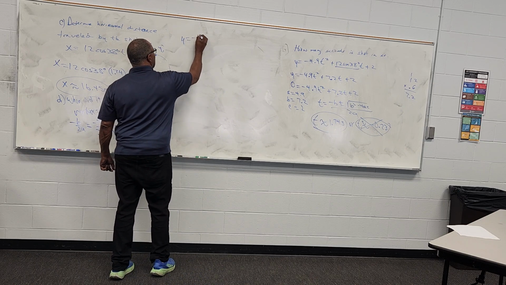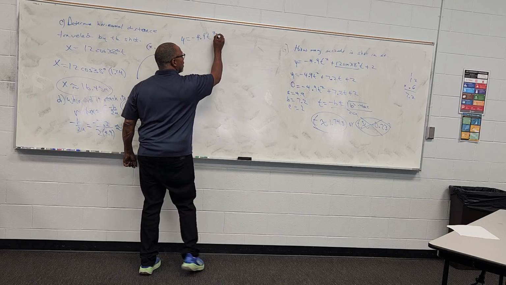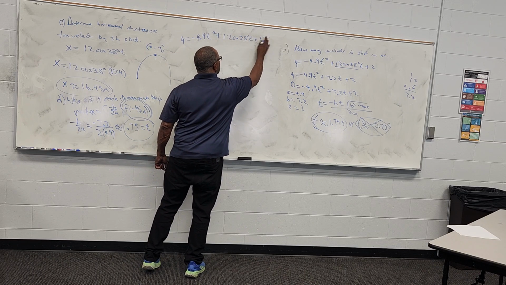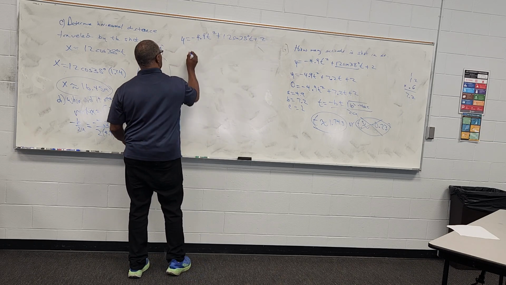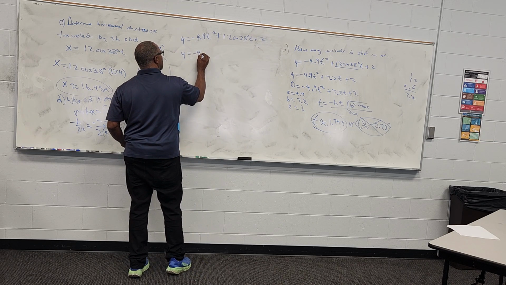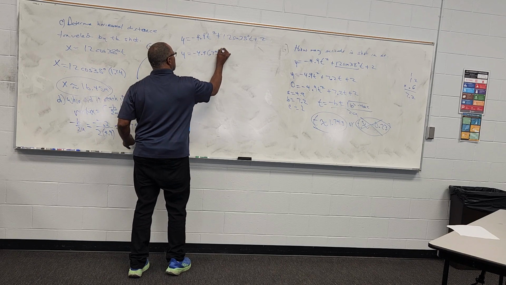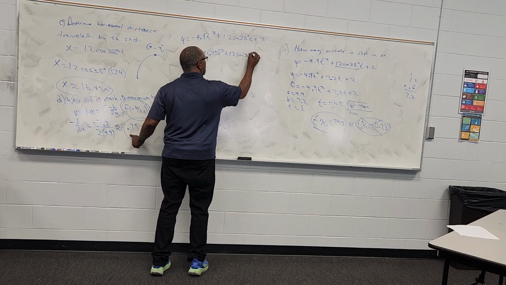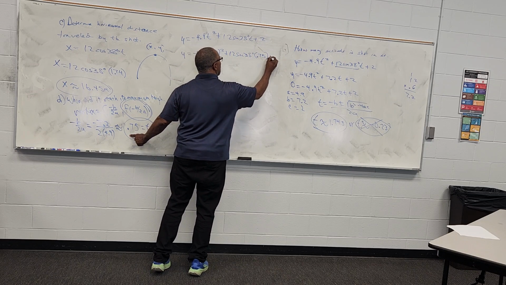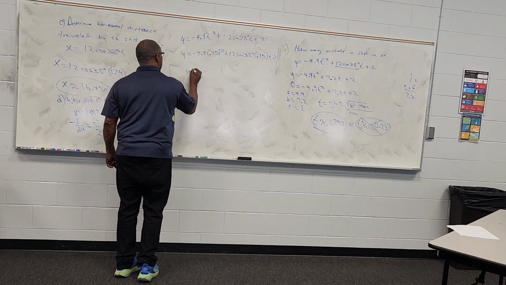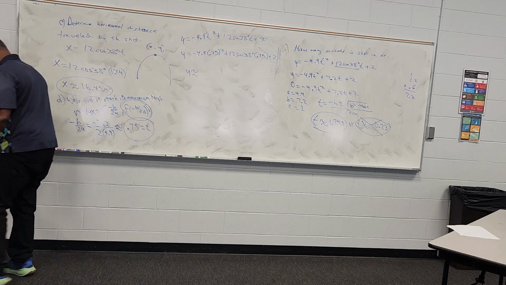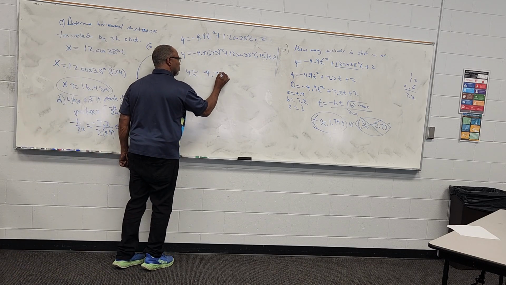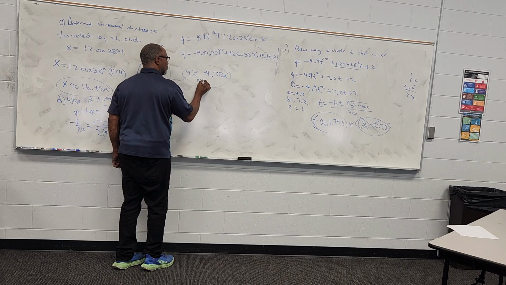So since y was negative 4.9 t squared plus 12 sine 38 degrees t plus 2, I'll just put 0.75 everywhere there's a t. Do that in your calculator, and they say the maximum height is 4.78 meters. That's the max height.